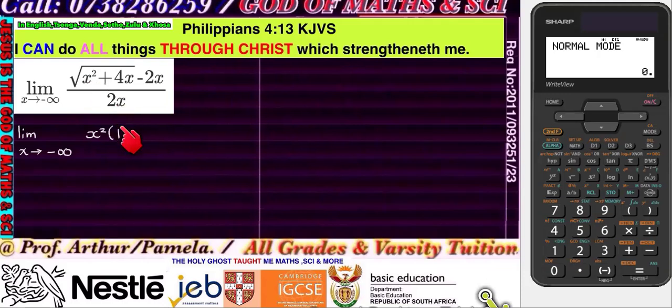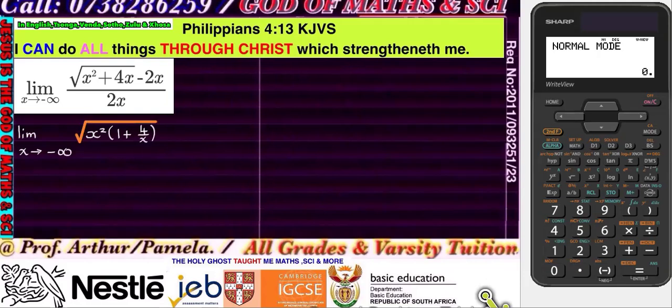That's why I'm getting a 1. The 4x, you're dividing it by x squared, so you end up with 4 all over x. You can verify it by multiplying it back, and you'll get exactly the same thing that is under the radical sign.